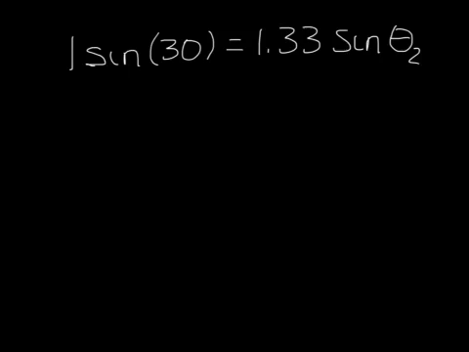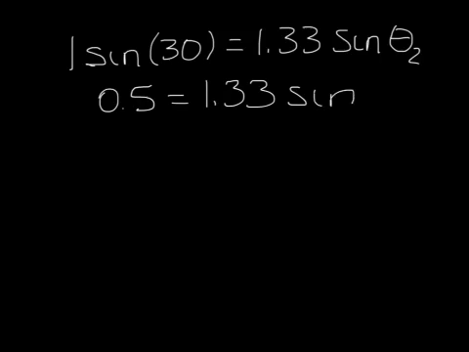Now remember, when you put this in your calculator, the calculator mode has to be set for degrees or you will not get the correct answer. So 1 times the sine of 30 is 0.5, which equals 1.33 times the sine of theta 2. So now we need sine of theta 2 by itself.